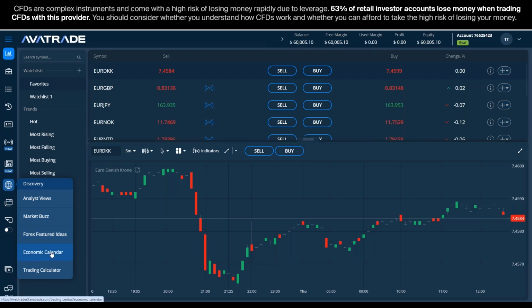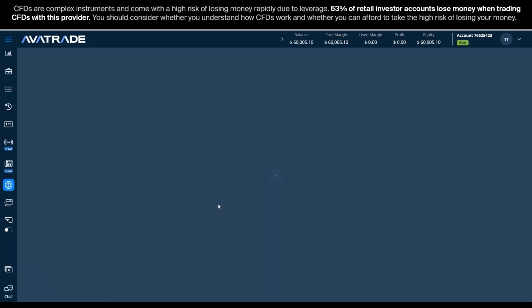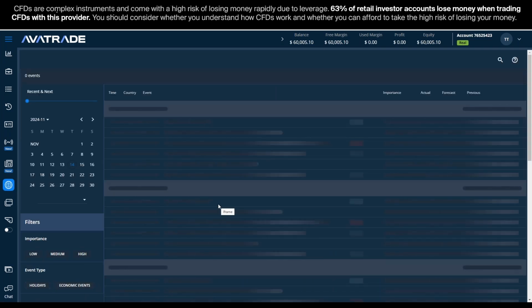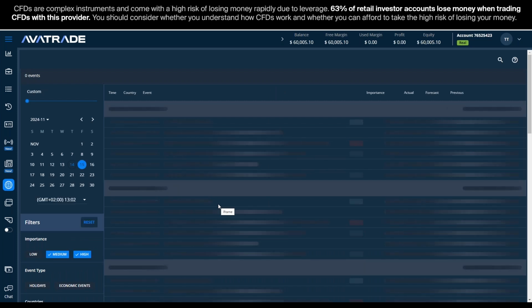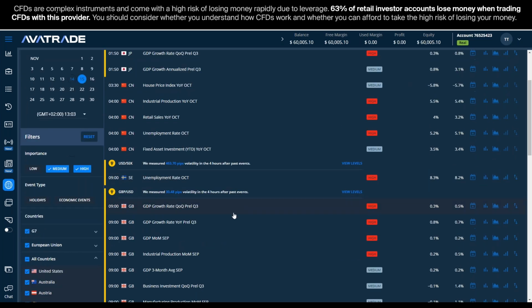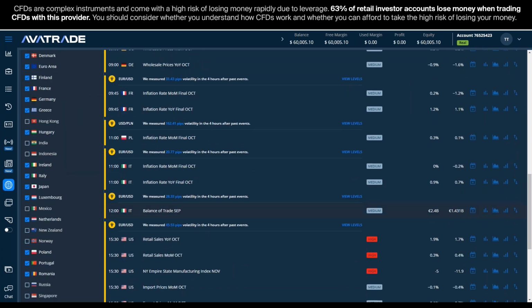If we look at the economic calendar, there are some tools built into AvaTrade's economic calendar that allow you to do some data analysis from past announcements to get an idea as to how the movements might go on different currency pairings with the current announcement, depending on how the numbers come in. Let's go through some examples of how you might do that.